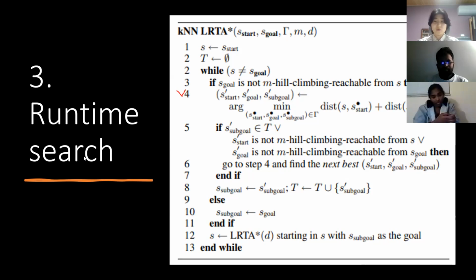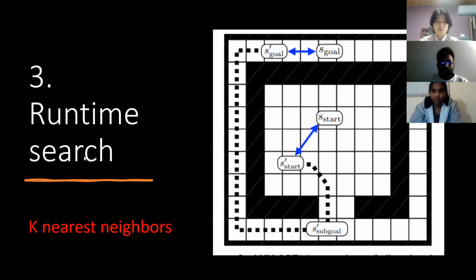In other words, the algorithm scans a pair of S prime start, S prime goal, S prime subgoal, and locates the S prime subgoal such that heuristic distance between S start and S prime start is the most similar to the distance between S prime goal and S goal. What I mean by this is S start is the actual start, and S goal is the actual goal.